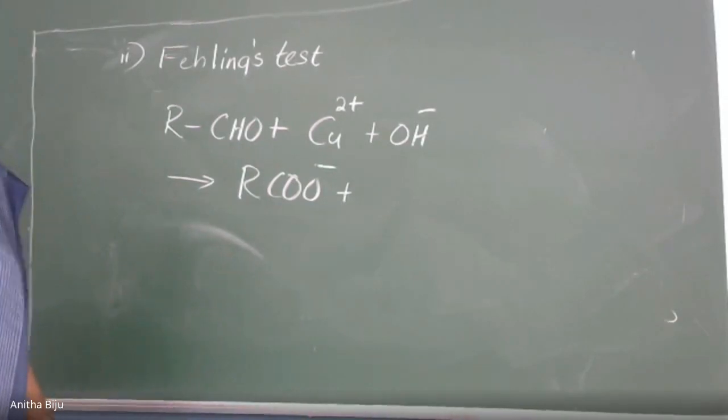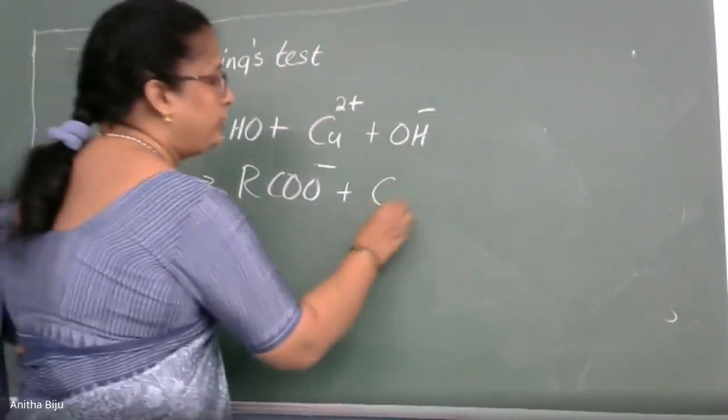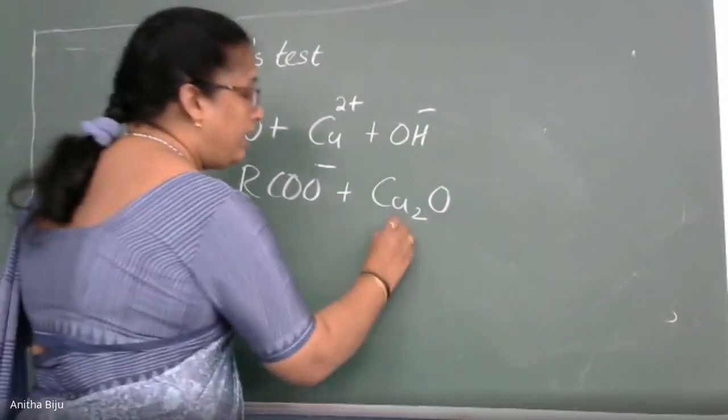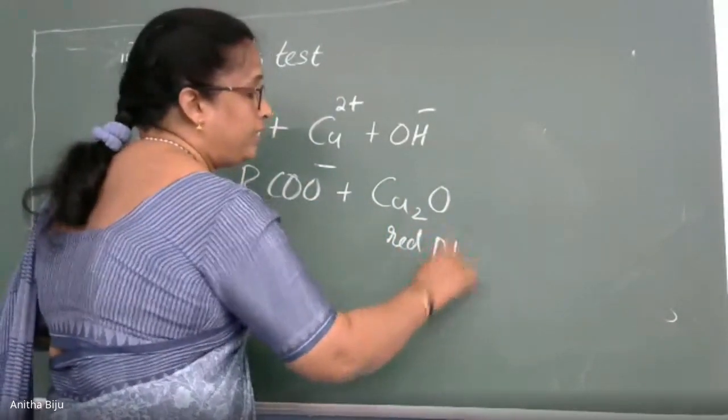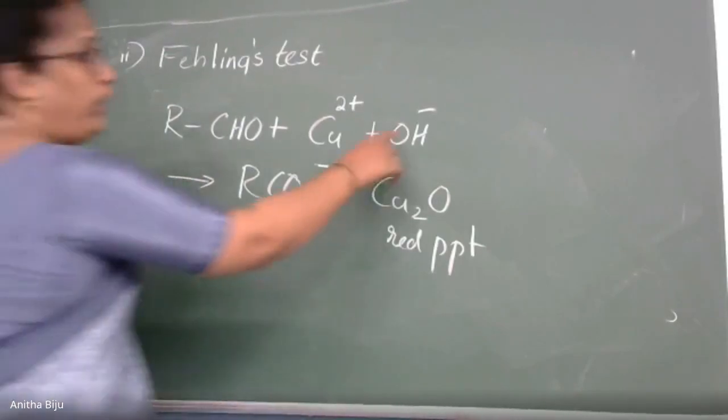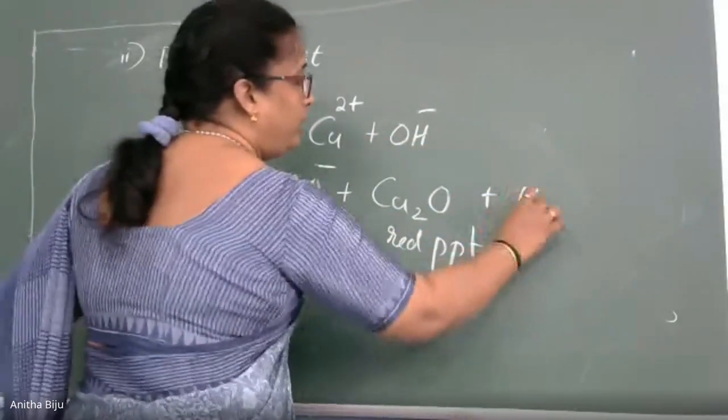So we get the compound cuprous oxide, Cu2O, and this is our red precipitate. Along with this, OH minus is converted into water.